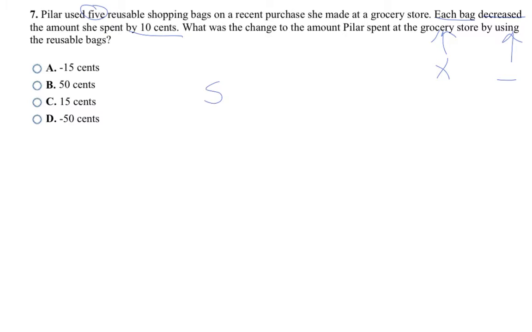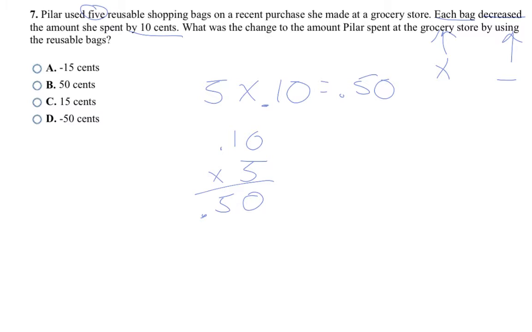So you're going to take 5 times 10 cents. And you can, once again, either do that in your calculator or you can work it out longhand like this. Either way, you're going to get an answer of 50 cents, that it reduced her total purchase by 50 cents.